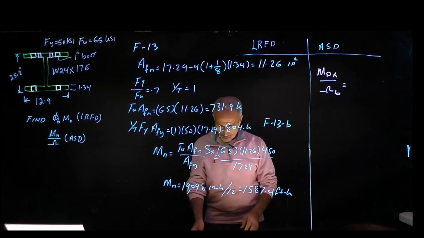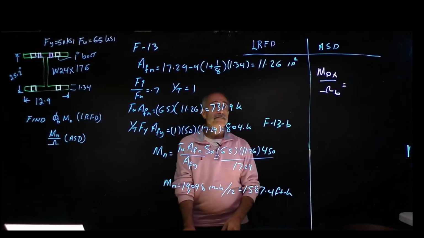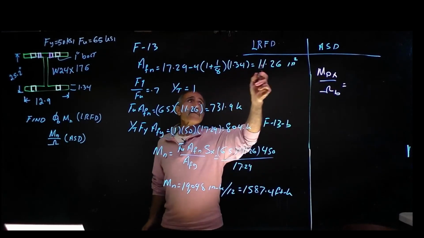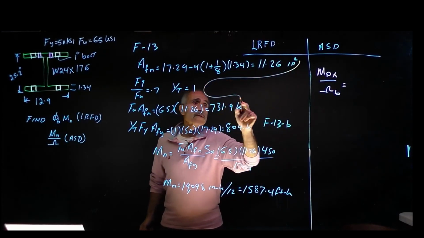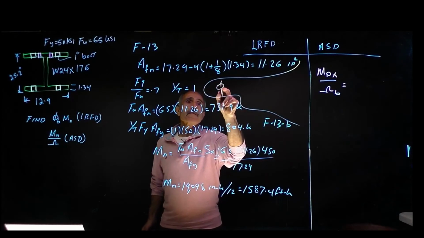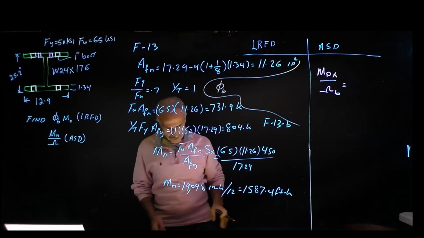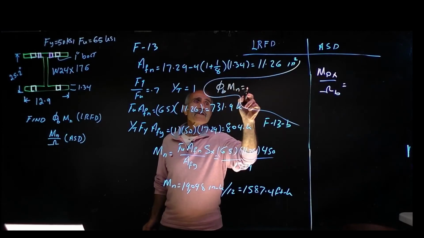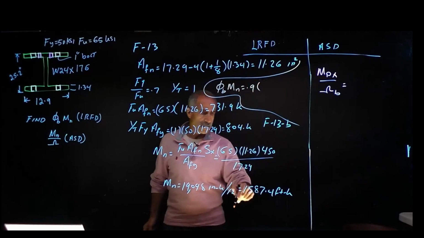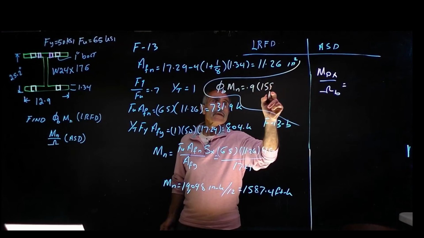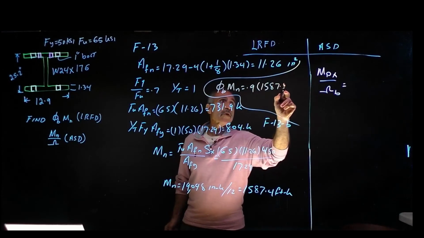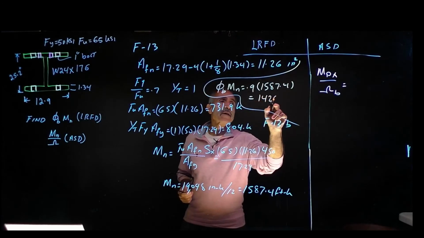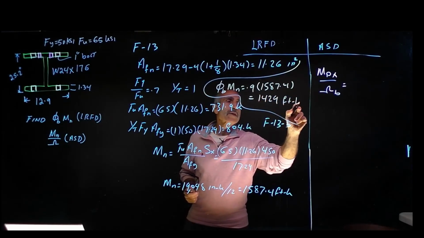So for load resistance factor design, let me just make a line here for us to get this answer. It'd be phi B times Mn, and that's equal to 0.9 times 1587.4, which comes out to 1429 foot kip.